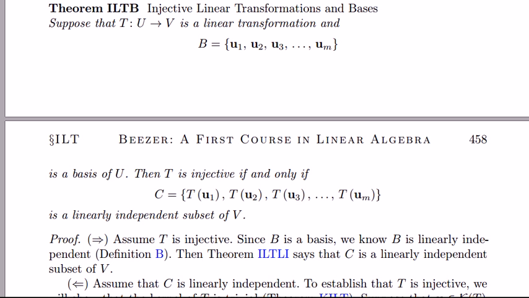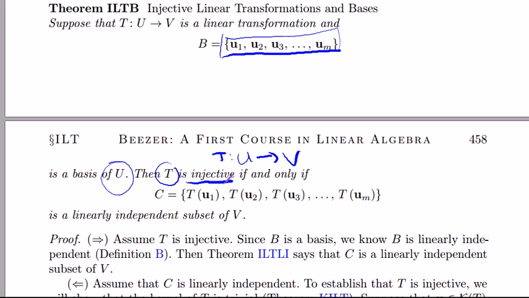All right, now we know that linear independence is closely tied up with the notion of basis. A basis is a linearly independent set. So suppose we have a basis of U, and suppose we have a linear transformation from U to V. Then the linear transformation is injective if and only if the images of this basis are still a basis.